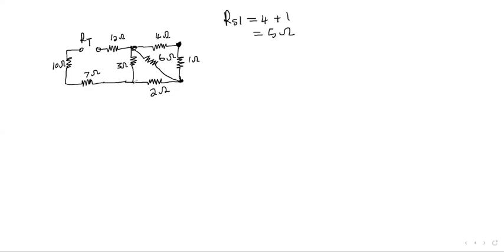So why don't I start with 3 ohm and 2 ohm? Someone will say they are series. Yes, but how are they series? I can't say 3 ohm and 2 ohm are series, and I can't start with them. Why? Because where 3 ohm and 2 ohm are connected, there is a junction.